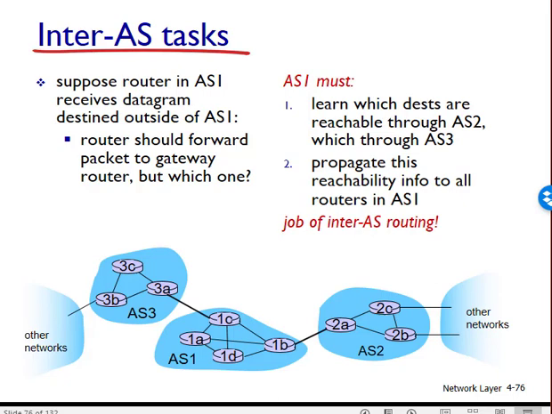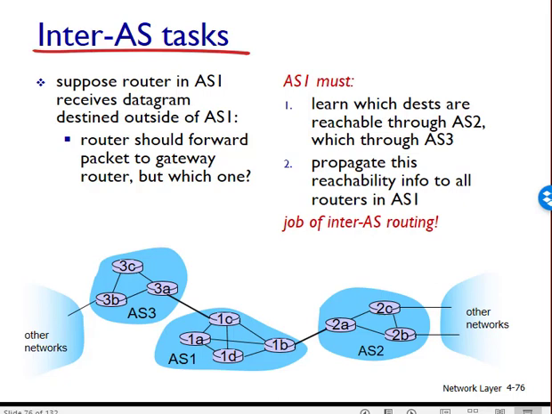The packet will eventually arrive at the gateway router 2A, which will forward the packet outside AS2. Once the packet has left 2A, AS2's job is done with this one packet.